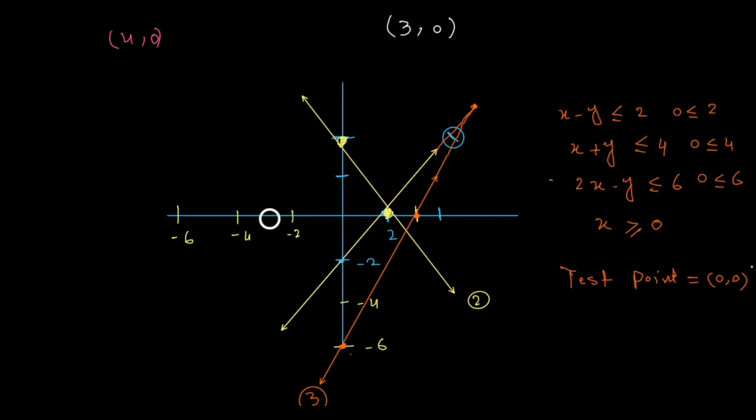Remember that this line has also solution towards origin. So the common region from three lines, and x is positive, so this will be the region. Remember that this is the region.